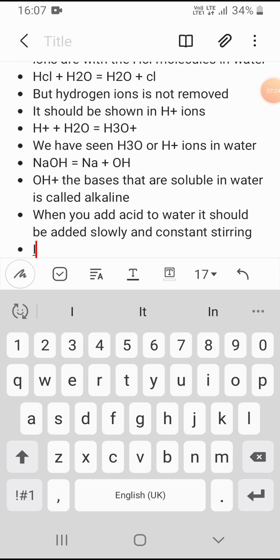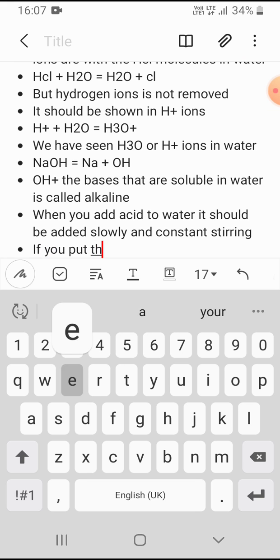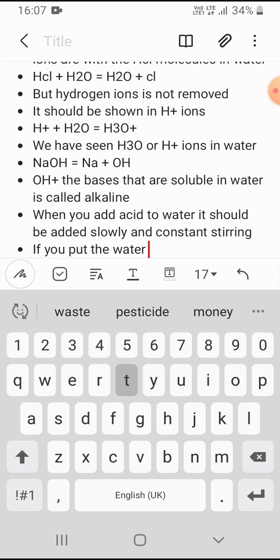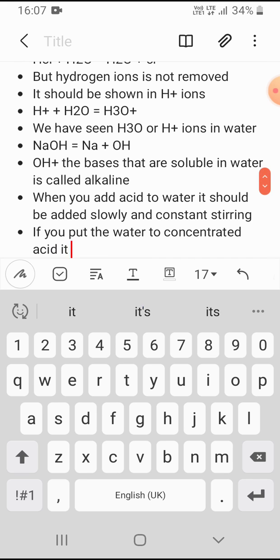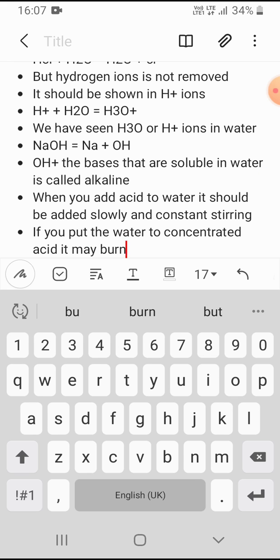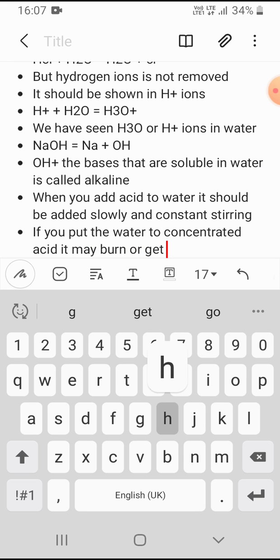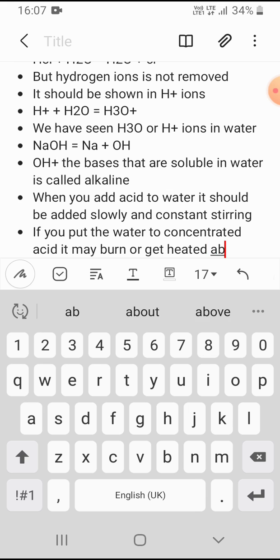If you do it wrong and put water into concentrated acid, it may burn or get heated, and the beaker may also burn.